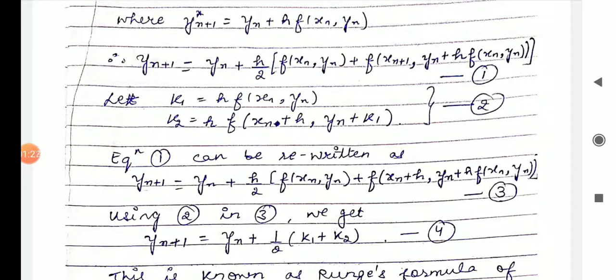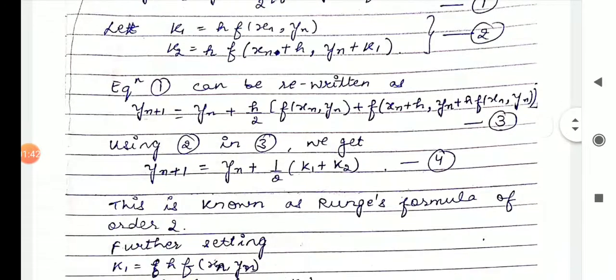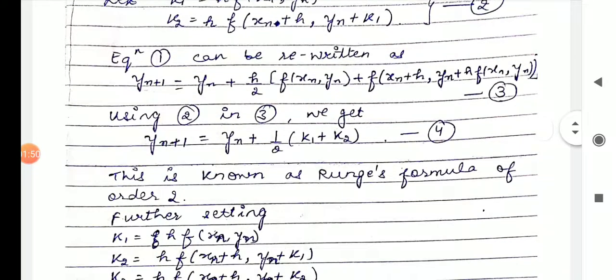Since the values of x are equidistant, we know that x1 is x0 plus h, x2 is x1 plus h, and so on. So x_{n+1} is x_n plus h, and the remaining term is y_n plus h times f(x_n, y_n). Using 2 and 3, we substitute the values of the terms by k1 and k2. So y_{n+1} is y_n plus half of k1 plus k2.